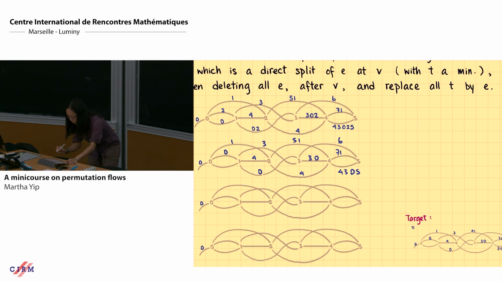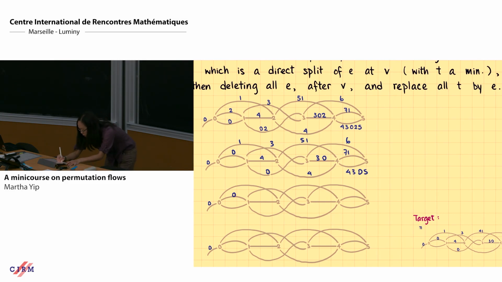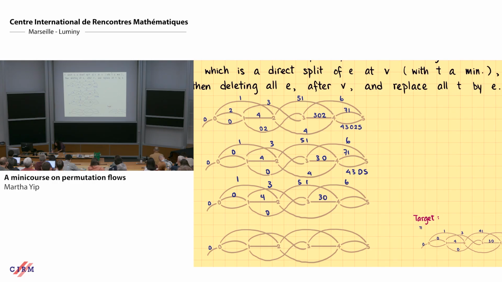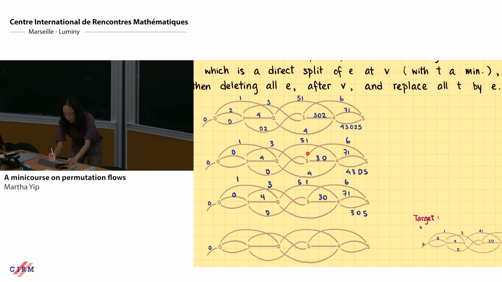So I move on to the next vertex, and I see I have some labels here, nothing down here. So I want to delete 4. Let me just copy what I have up to that point. At this point, I need to delete 4 in hopes of getting anything that looks close to that. But did 4 have a direct split?